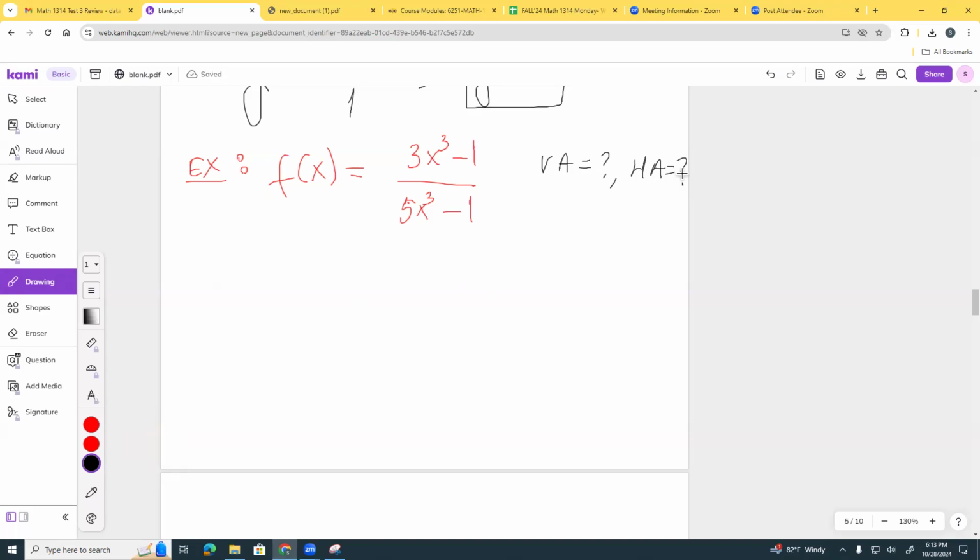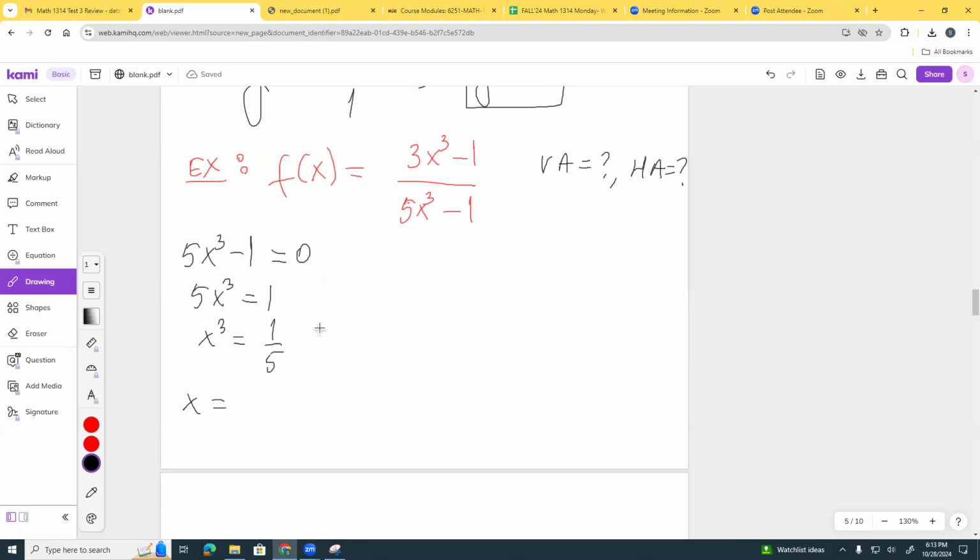For the vertical asymptote, which part of the function do I check? The denominator. 5x cubed minus 1 is the denominator. What do I do with the denominator? We're going to set this to 0 and solve for x. If I add 1 to both sides, 5x cubed is 1. Divide each side by 5: x cubed is 1 over 5.